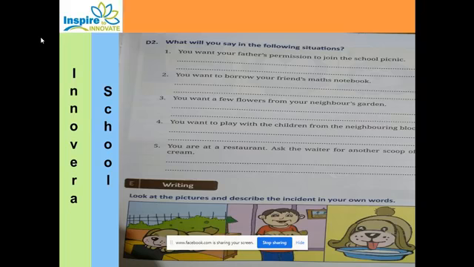You are at a restaurant. Ask the waiter for another scoop of ice cream. Now we all know that waiters are always elder to us. So you can say, may I get another scoop of ice cream? This is the way you should always seek permission.